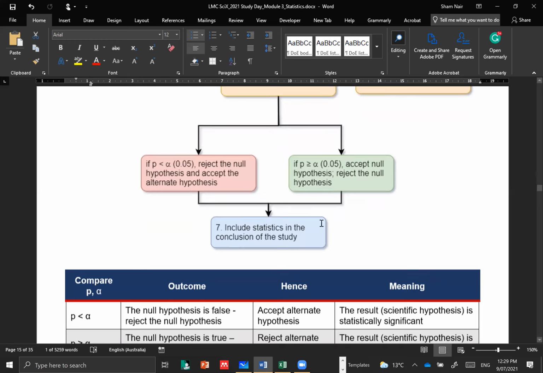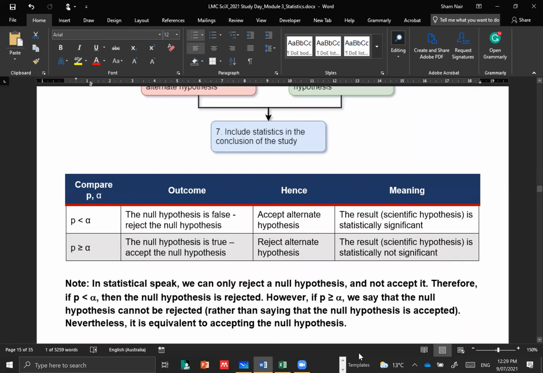This table is the important bit. The p-value, remember, is provided by the statistical test. So if you do a t-test, an f-test or whatever it is, it gives you the p-value. Alpha generally is 0.05. If p is less than 0.05, the null hypothesis is rejected.